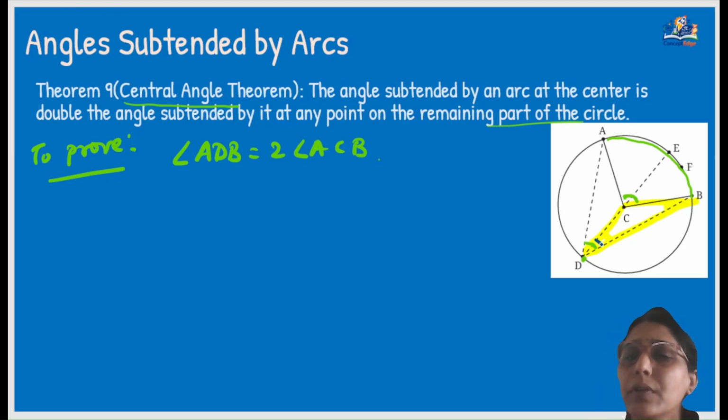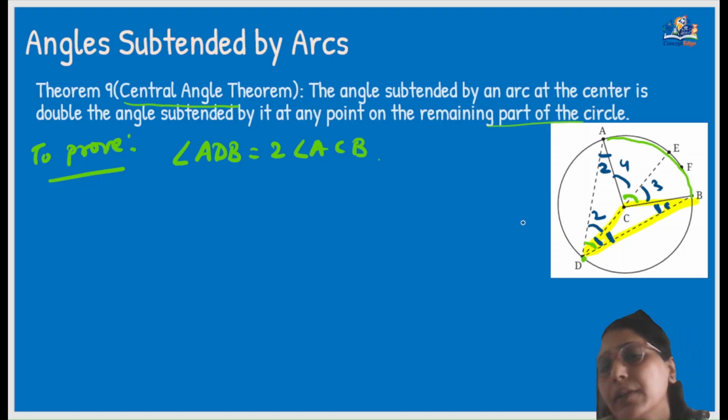I'm talking about these two angles. So if I take this as 1, this angle as 2, this is angle 3 and angle 4. Now this is also angle 1, this is also angle 1, and this is also angle 2, because of the isosceles triangle.